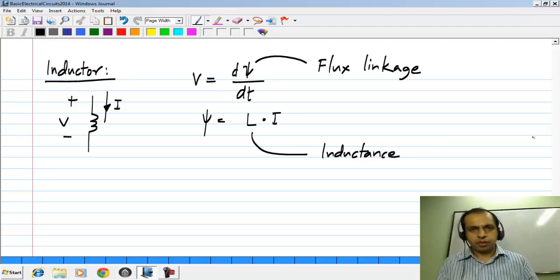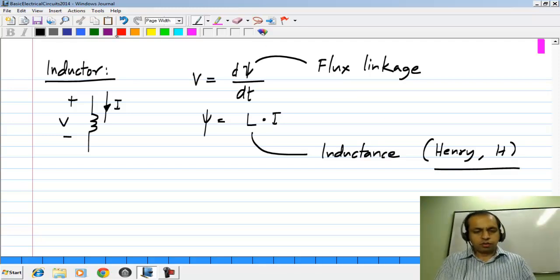Okay. So the inductance is measured in henries or H.